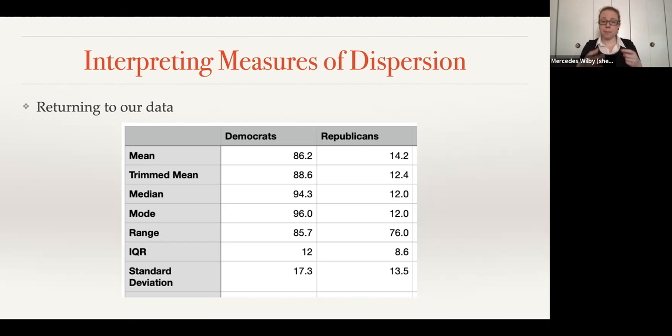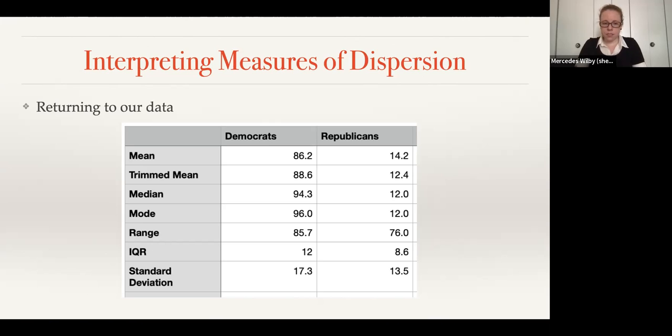That's why it's so helpful here, because we have two distributions, Democrats and Republicans. So we know that Democrat standard deviation is 17.3, whereas Republican standard deviation is 13.5. So we can compare this and say that Democrats have more dispersion around the mean. They are more spread out than Republicans.